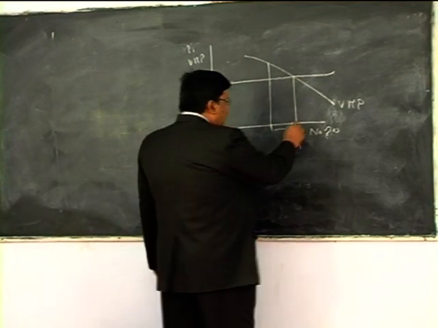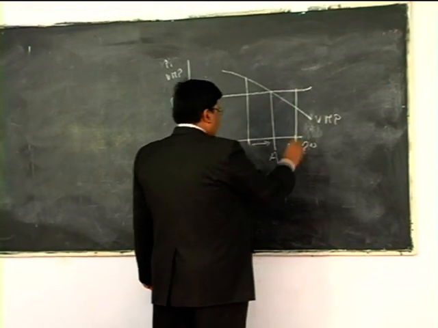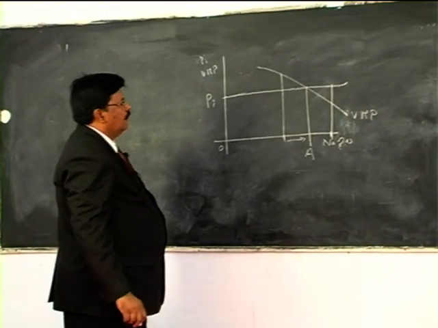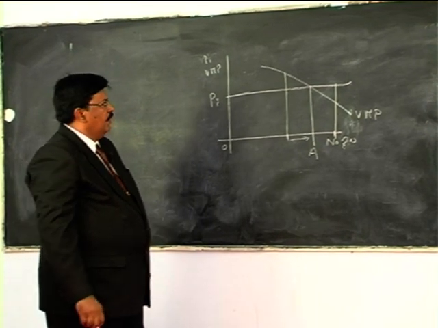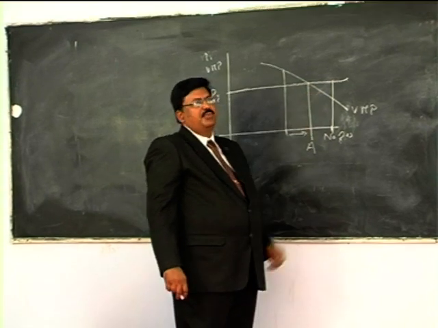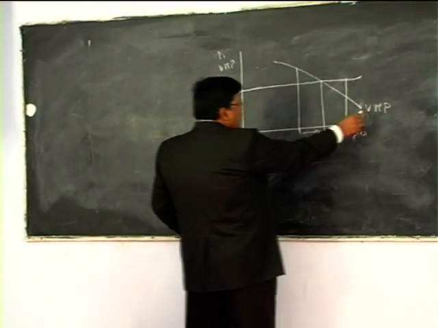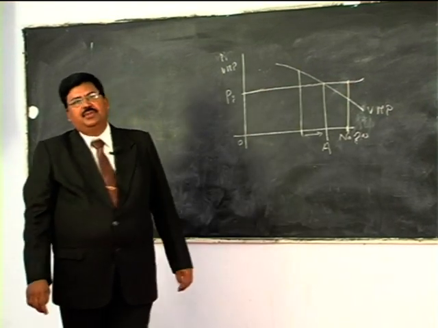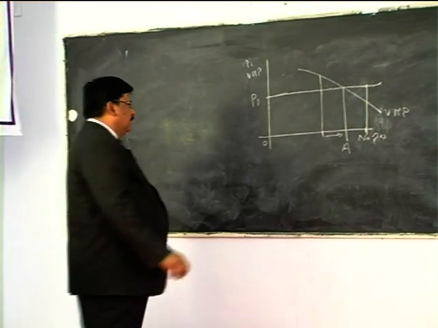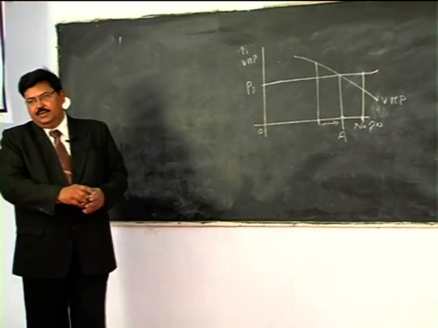And what happens if it is more than OA? So beyond OA, VMP is less than price of input. The benefit expressed by way of VMP is less than the price paid to the input. So obviously OA is the optimal quantity of a variable input usage.